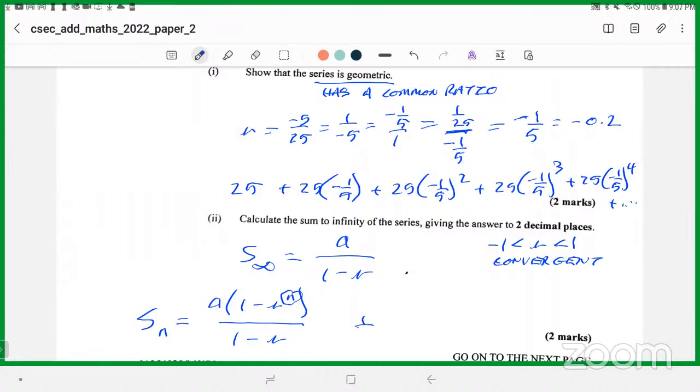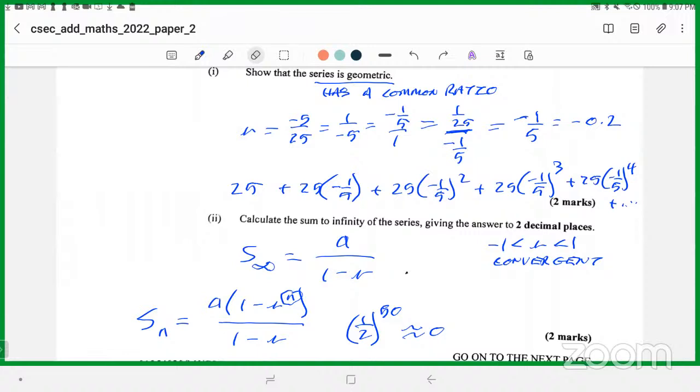So for example, a half raised to the power of, say, 50 is going to approximate to 0. The higher the number of terms goes, the higher the value of n is, the smaller that fraction becomes when you raise it to a power.